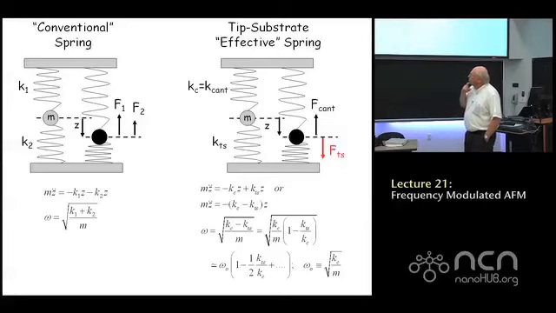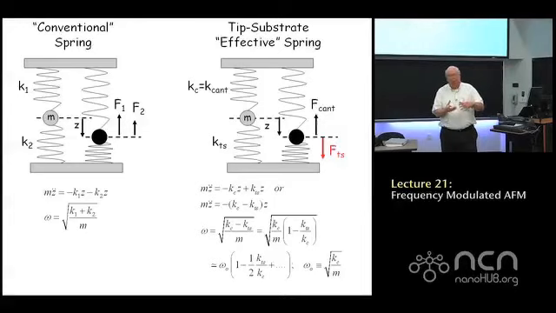If you have 2 springs, right, K1 and K2, the spring constant K1 is going to represent the spring constant of, let's say, a cantilever, and K2 is going to represent the interaction force between that mass M and some substrate, right?